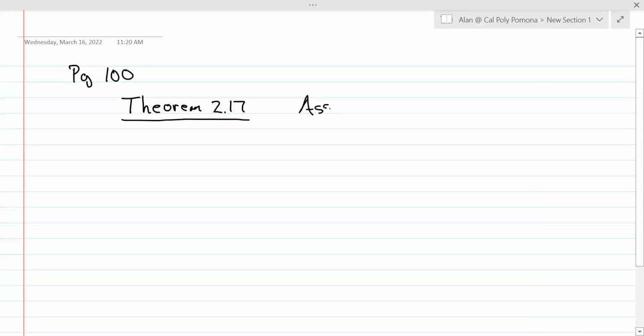I'm getting used to doing this kind of phrasing. Let's think about what the assumptions are. The assumptions in this case are that we have T going from V to W as usual, and as usual, V and W are vector spaces.